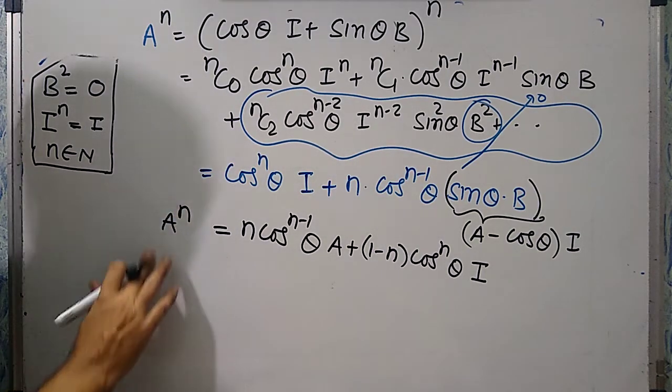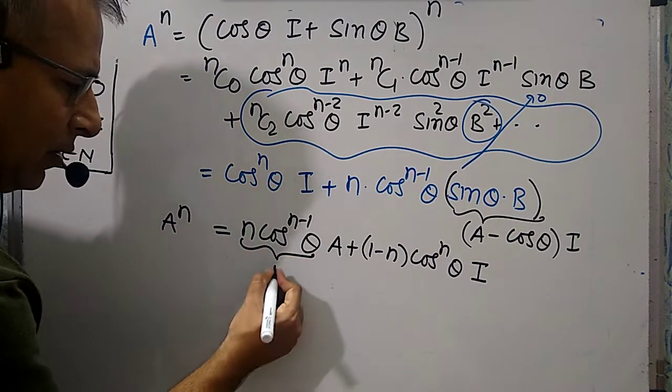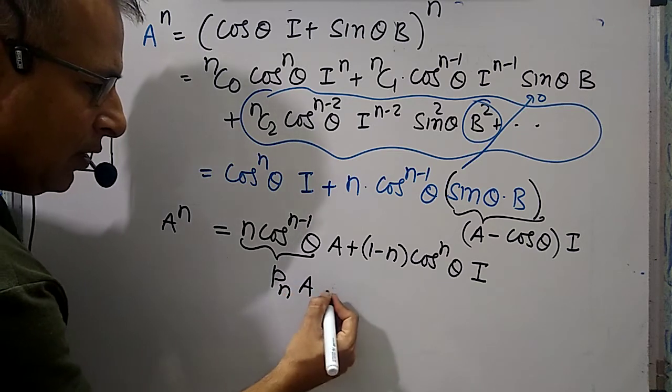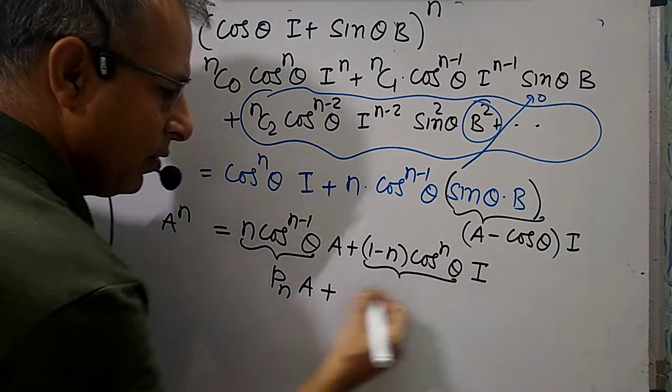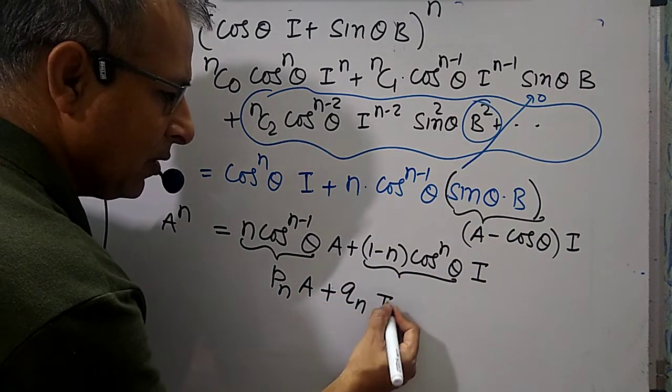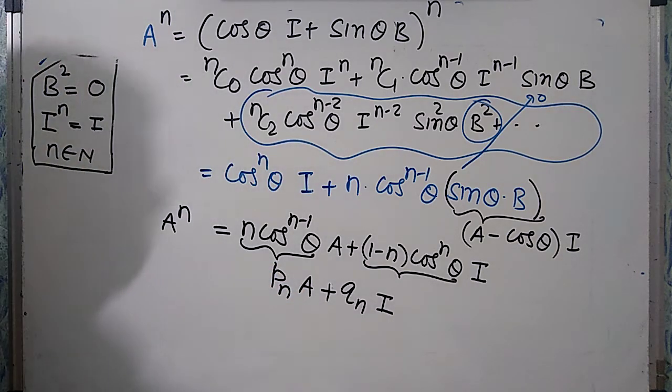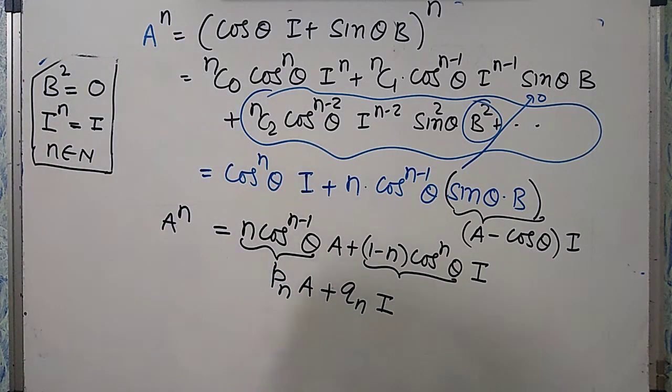Alright, so now this quantity is pn times A, and this quantity is qn times I, and it is small pn and small qn.